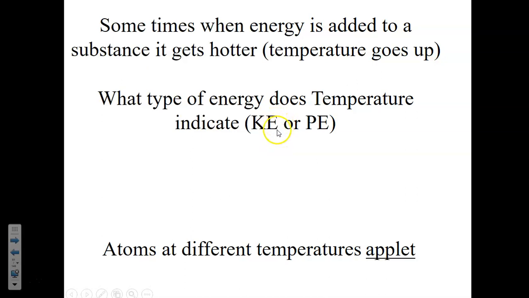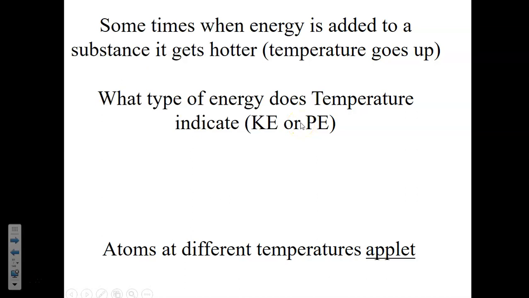So sometimes when we add energy to a substance, the temperature goes up. It increases in temperature. And what type of energy does the temperature increase? Well, what happens to the atoms when the temperature of a cup of coffee goes up? Okay, they start moving more quickly.